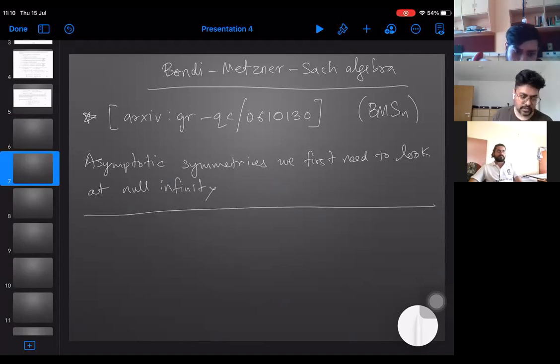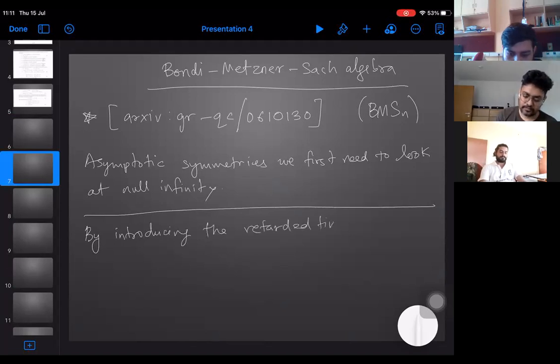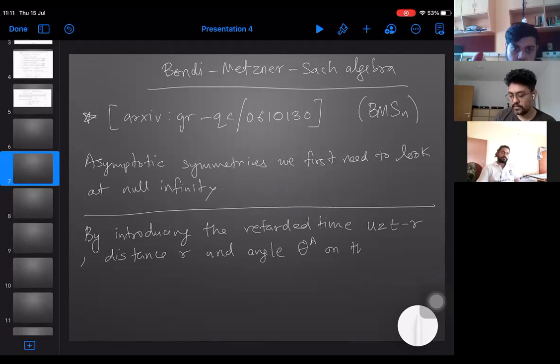So let's start. Let us begin by introducing what we call the retarded time, given by u equals t minus r, with some distance denoted by r and angles theta a on the S^(n-2) sphere.